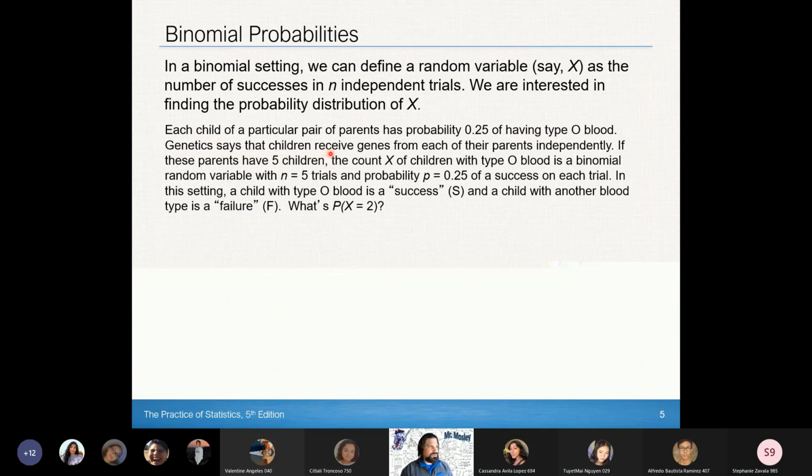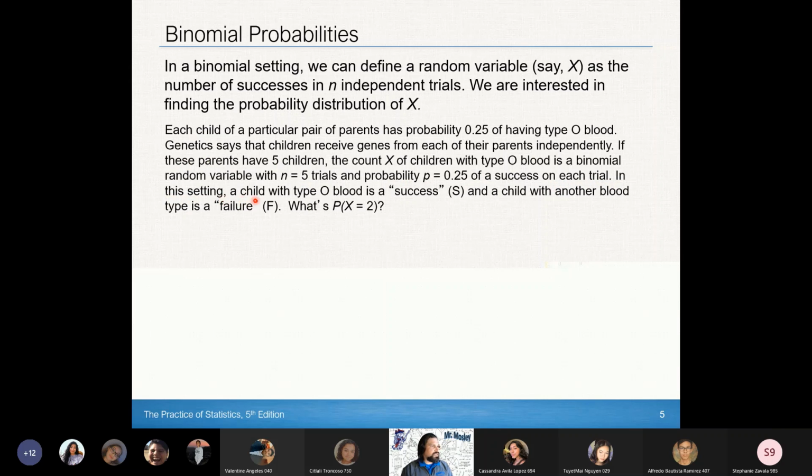Genetics says that children receive genes from each of their parents independently. If these parents have 5 children, the count X of children with type O blood is a binomial random variable with n equals 5 trials and probability p equals 0.25 of a success on each trial.